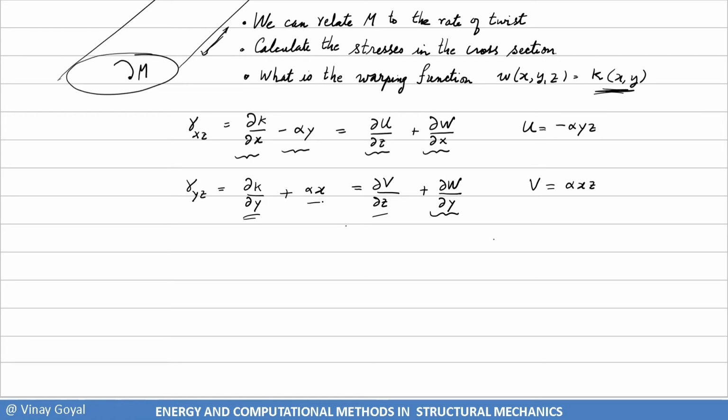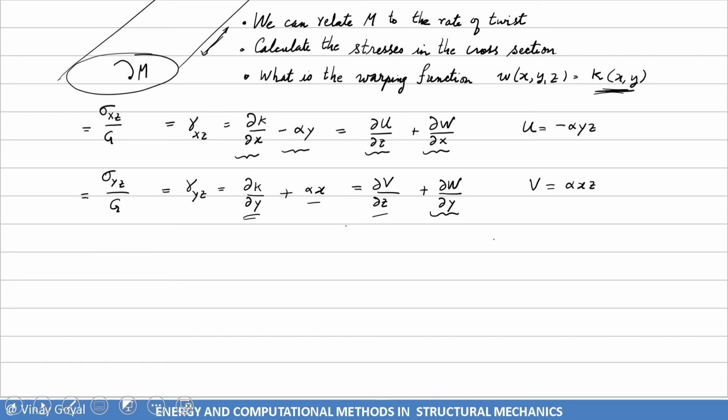Now we can use Hooke's law to substitute what the shear strains are. I'll just write it here. But I know what sigma xz is.